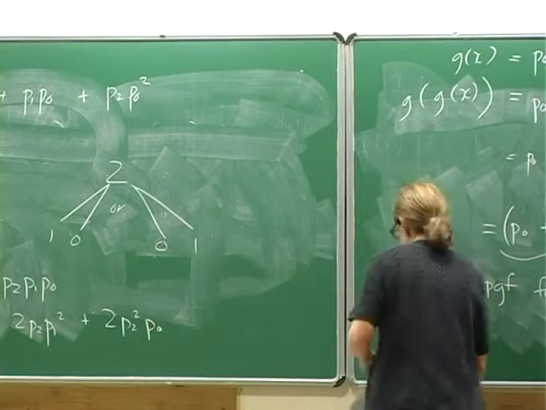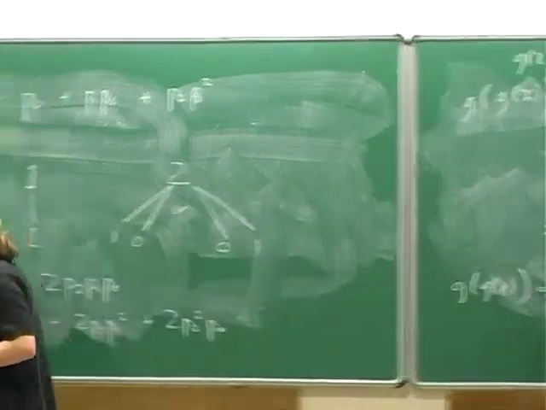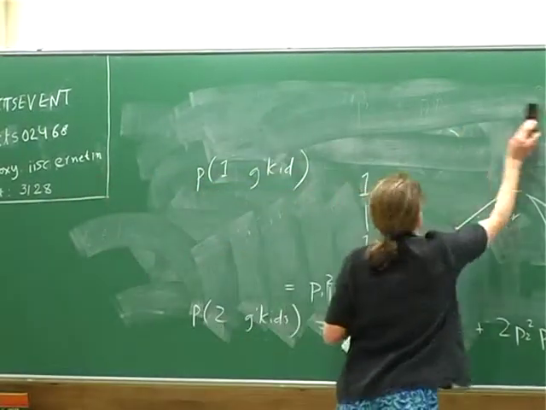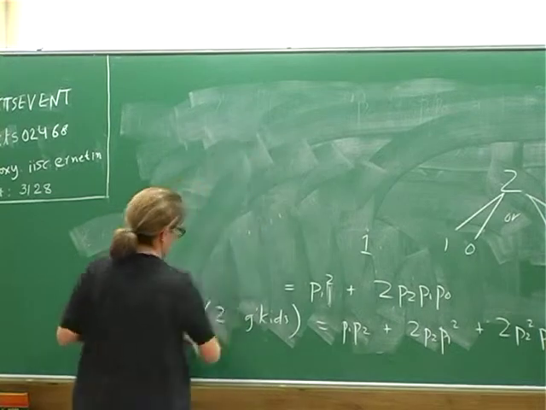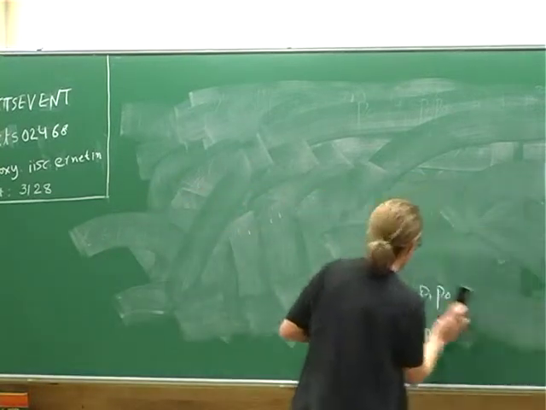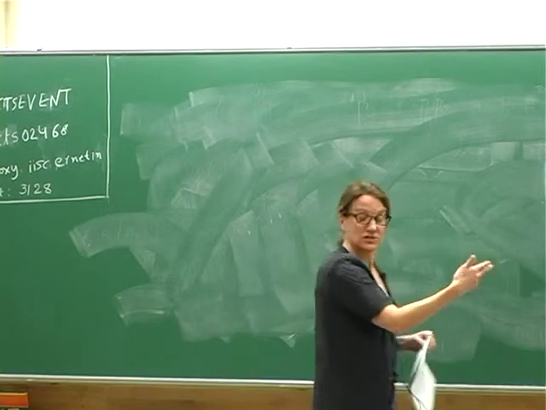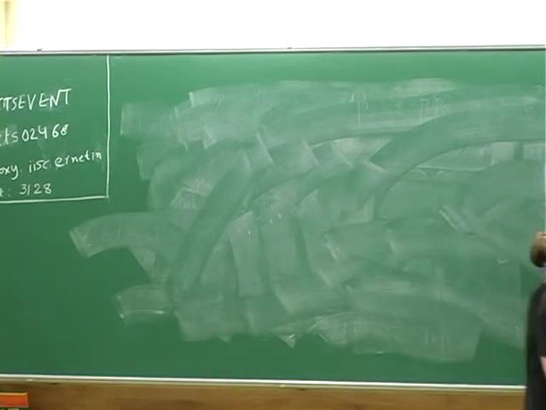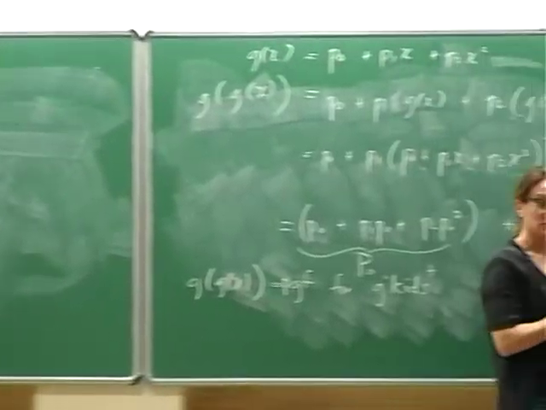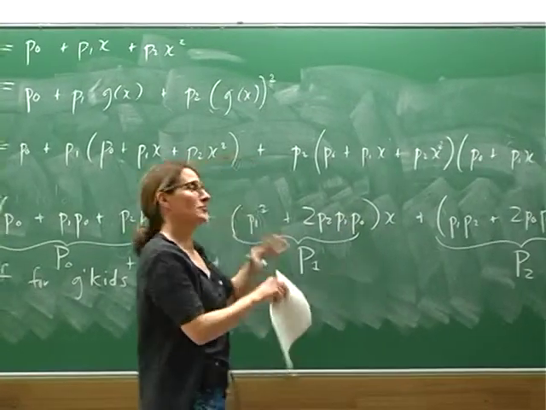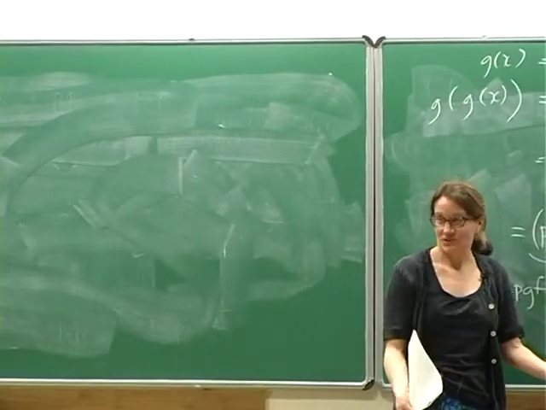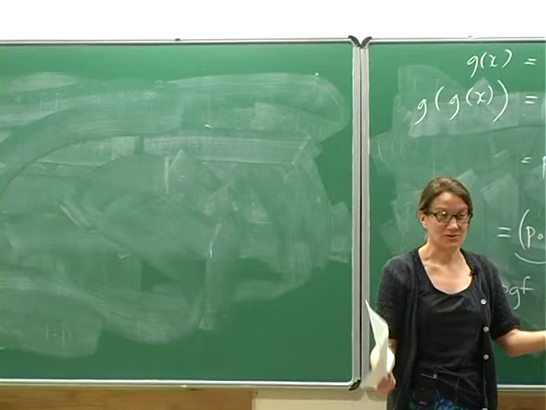So it turns out, this is like proof by example. It turns out that we could prove, but we won't here today, that this is generally true. If you keep composing, you could keep going more generations. So if every time there's an x here, you put in g of x, and you expanded the whole thing out again, you'd get a probability generating function for the number of great-grandchildren, and so on and so on, right?